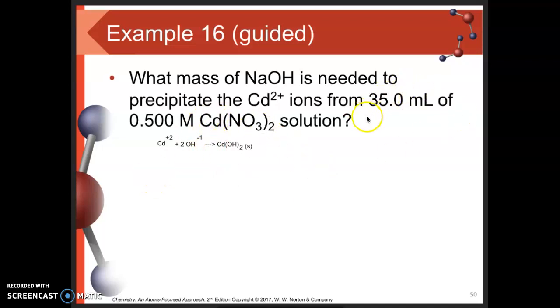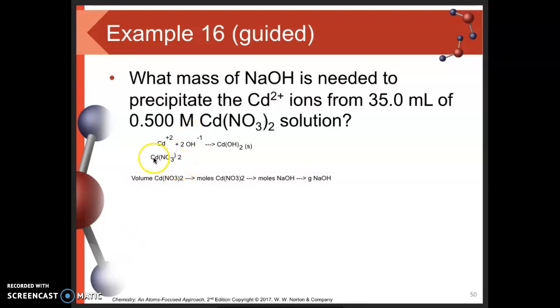And so what I can look at is, okay, I have volume of cadmium nitrate that I can turn into moles of cadmium nitrate, which I can then turn into moles of NaOH, and then turn that into grams of NaOH.